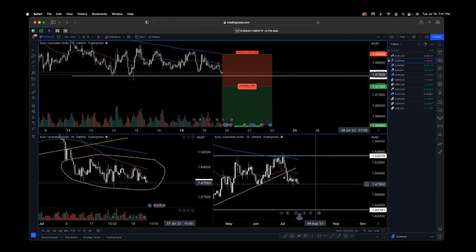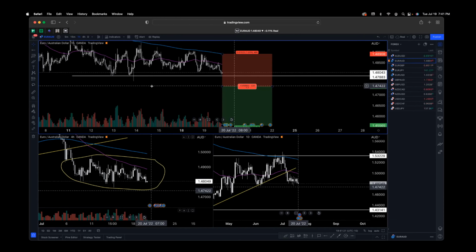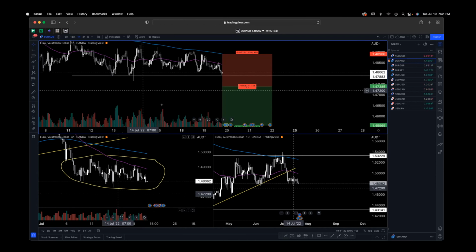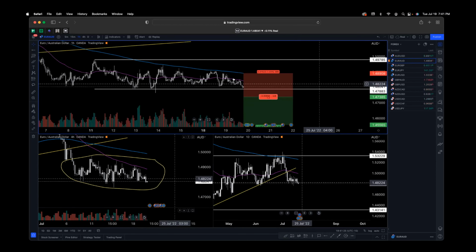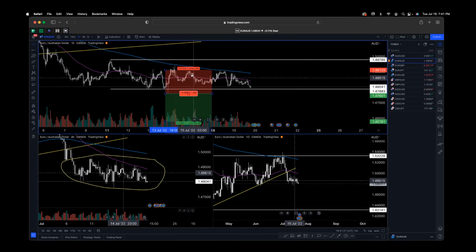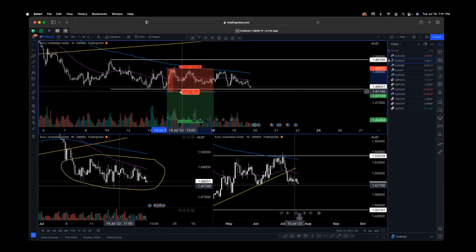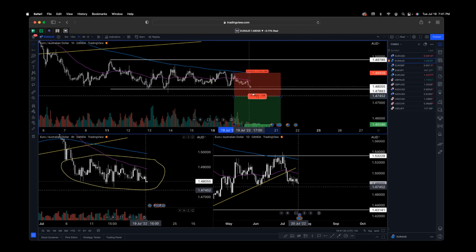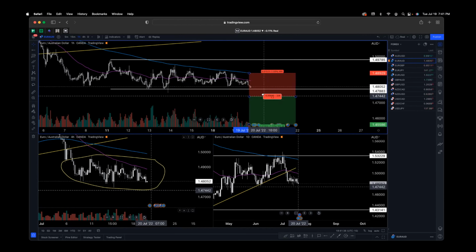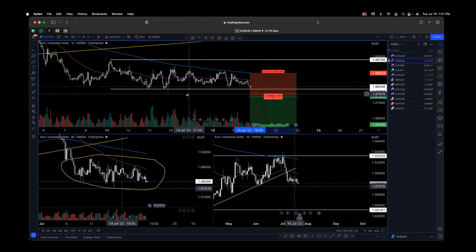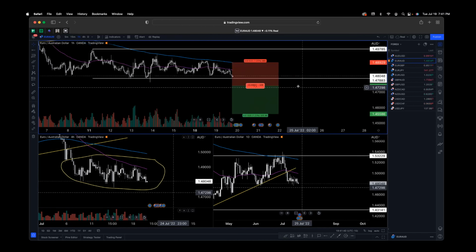My entry is usually right below a low wick, or just where volume is. Because I don't want to place it similar to this, because look, I could just get whipped out. So I want to make sure that my entry will be lower for a confirmation. I want the market to confirm this move.